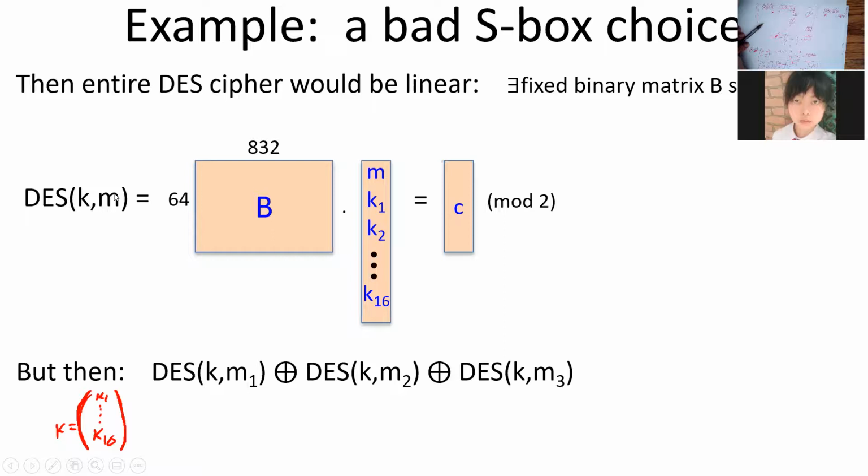So in other words, it basically shows that DES would not be a PRF. It would not be a secure block cipher, right?